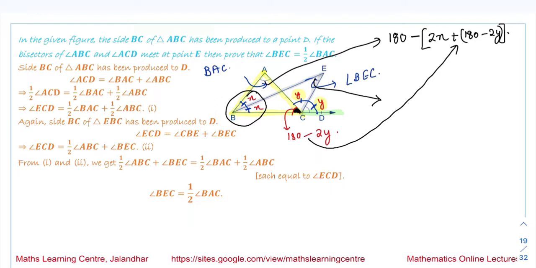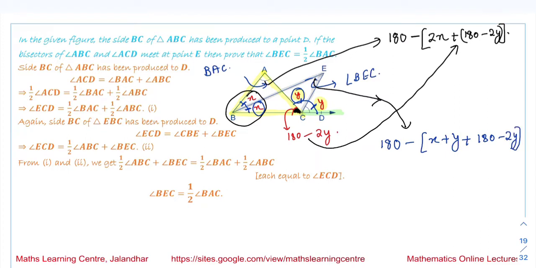So the value of angle A is 180 minus the sum of these two angles. Now if I am talking about the angle E over here, the value of angle E will be 180 minus, now that one angle is x, this is angle x for this triangle, next we have plus y, and the next angle is plus 180 minus 2 times y. These are the values of these two angles.